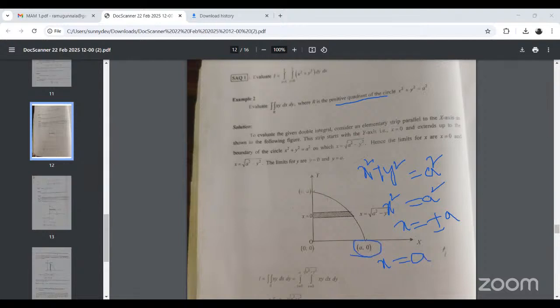In the same way, when it meets the y-axis, we substitute x equal to 0. Then y square equal to a square, so y equal to plus or minus a. Again we take the positive one, 0 comma a. So the points are a comma 0 and 0 comma a.